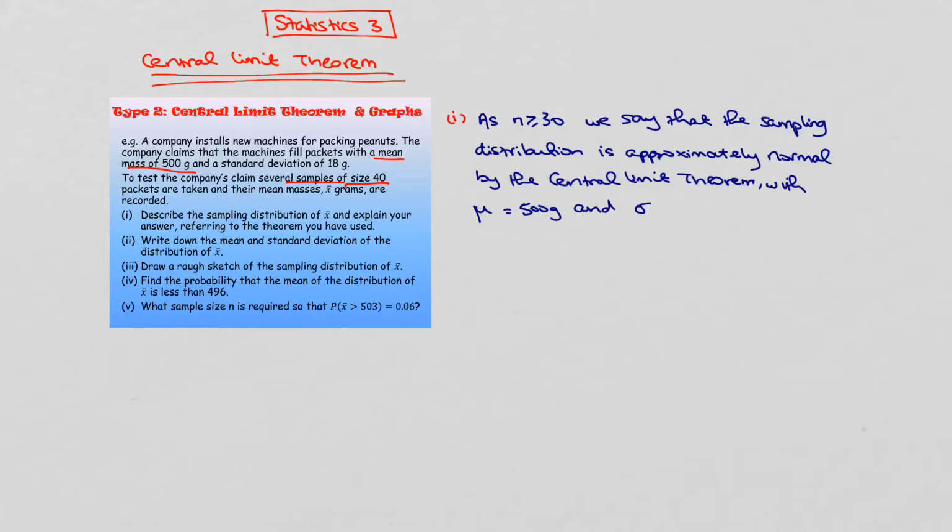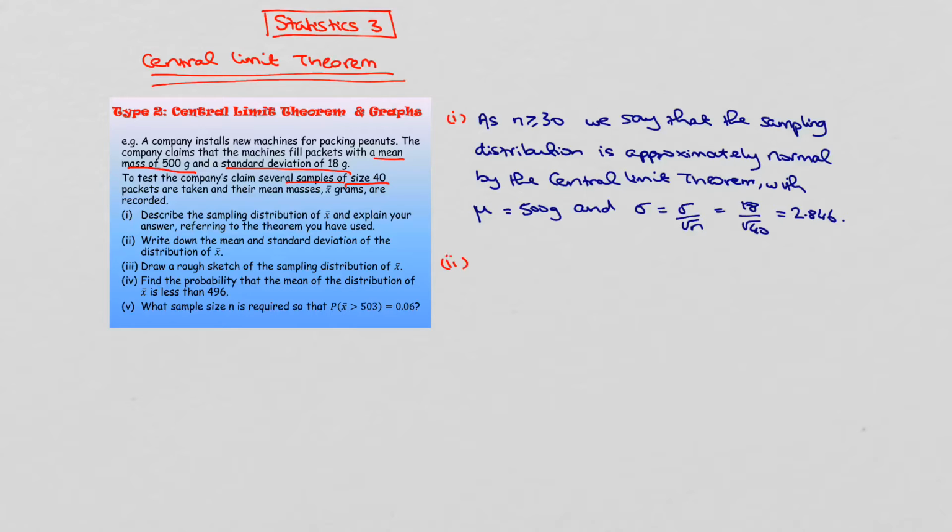And the standard deviation, of course, is found by getting sigma over root n. So in this case, our standard deviation, we're told, is 18 grams over the square root of the sample size, which is 40. So the new standard deviation is going to be 2.846. Okay, so that's part 1.